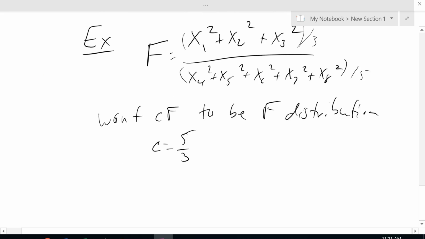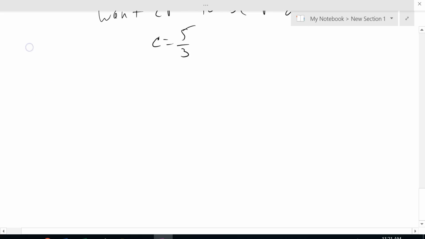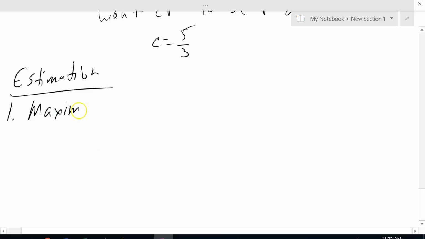What else did we talk about? Well, I'll get to the confidence intervals here in a sec, but I also want to remember that we talked about point estimates, and with point estimates we talked about maximum likelihood estimators.